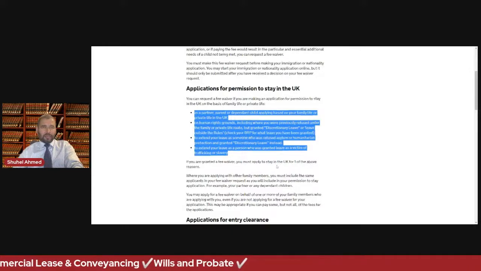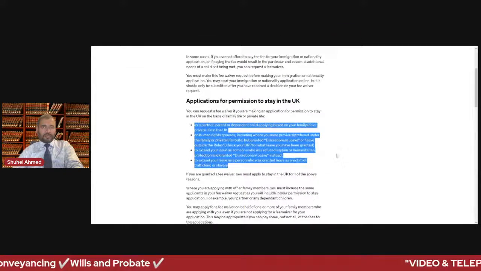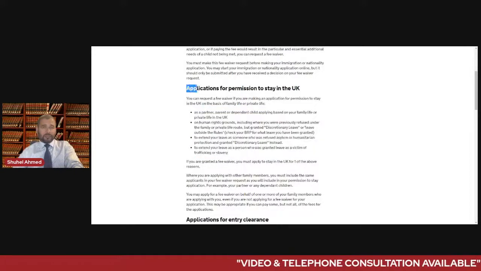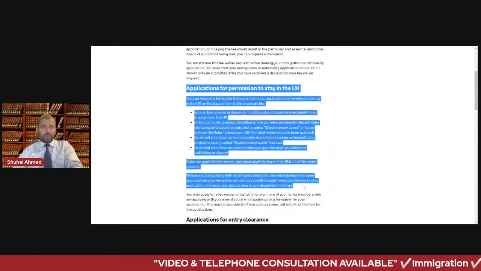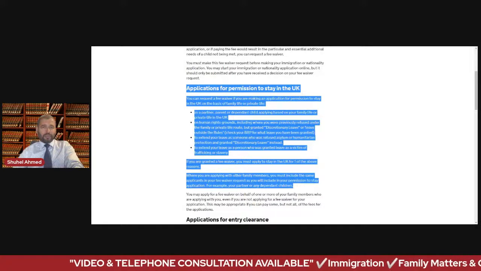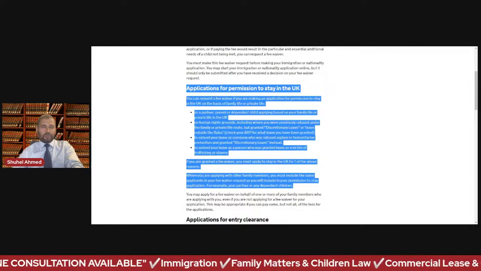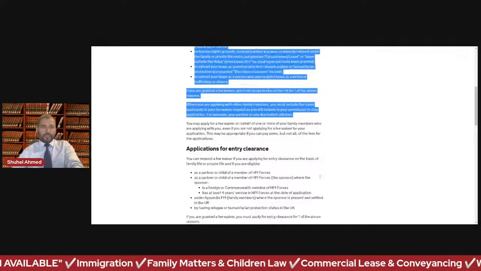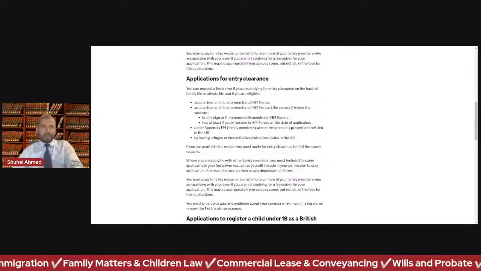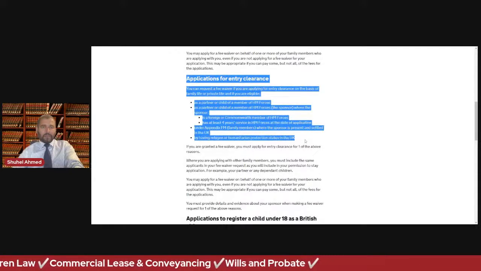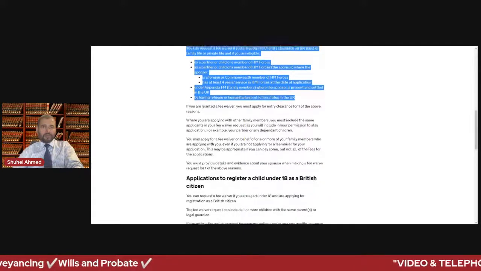Now, so these are the three criteria. One is an application for leave to stay in the UK. If you want to make an application to continue to live in the UK on any human rights ground and other areas, you can make an application for fee waiver and NHS fee exemption. Second category, if you want to make an application under Appendix FM to come to the UK, you can make an application for fee waiver and NHS fee exemption.